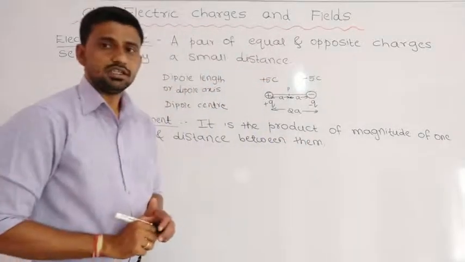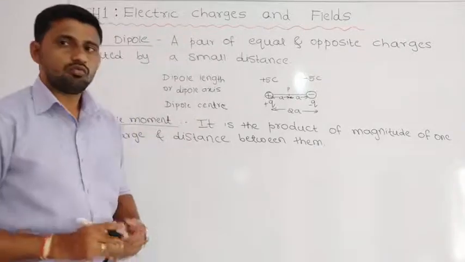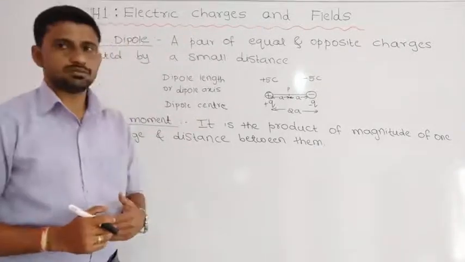Then it is called electric dipole moment. It is a product of the magnitude of one of the charges and the distance between them.